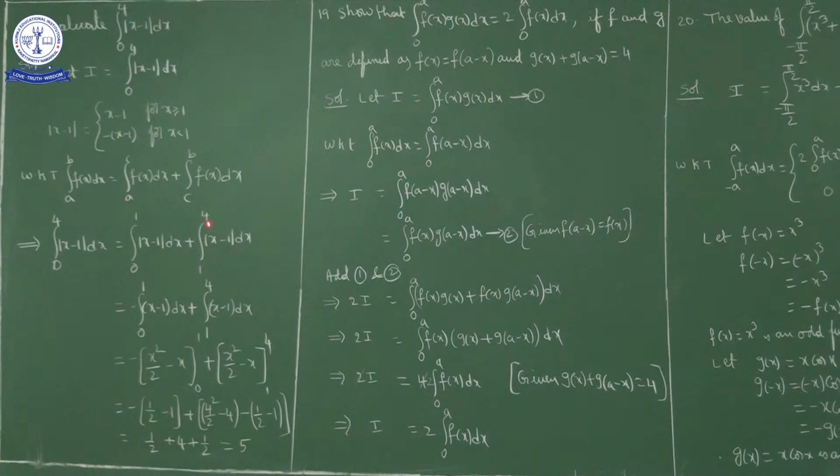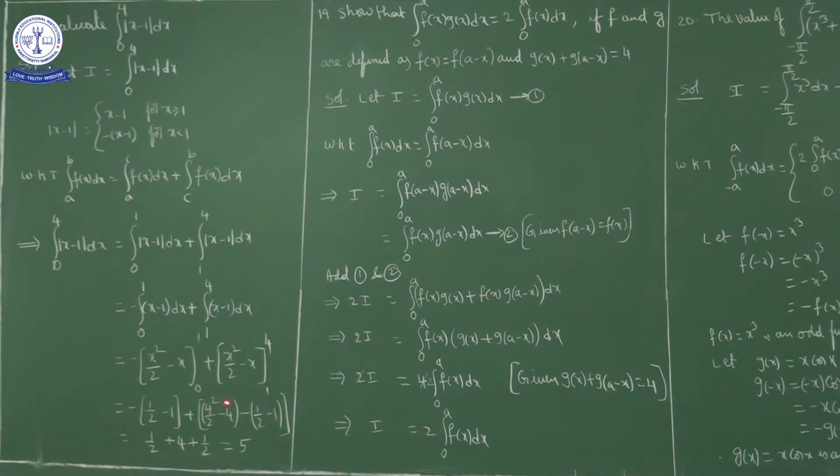Now regarding this one, integral 1 to 4 mod x minus 1 dx. For more than 1, modulus of x minus 1 is x minus 1. So integral 1 to 4 x minus 1 dx. The integration of x minus 1 is x square by 2 minus x, lower limit 1, upper limit 4. In place of x we write 4 square by 2 minus 4, that is the upper limit, minus the lower limit 1 by 2 minus 1.